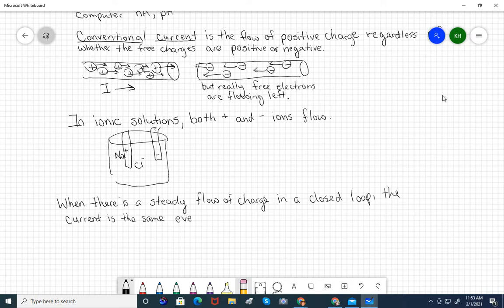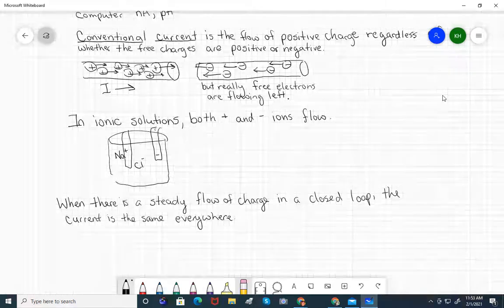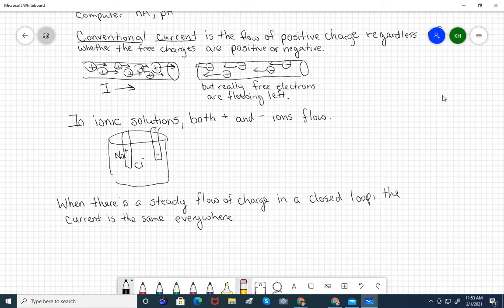A lot of people might think that when you turn on the light switch, that somehow the charge flows from the light switch to the filament and causes the filament to glow. And that's not what happens. There's a continuously closed loop of metal. All the electrons all begin to flow at the same moment. The current is the same everywhere. Okay? So it's not like, oh, there's a lot of current at the switch and now there's finally current in the filament. There's current everywhere.